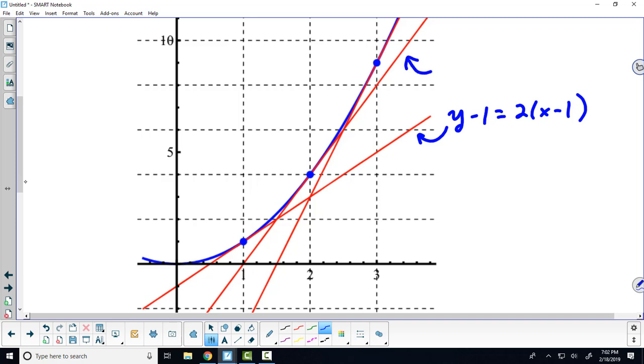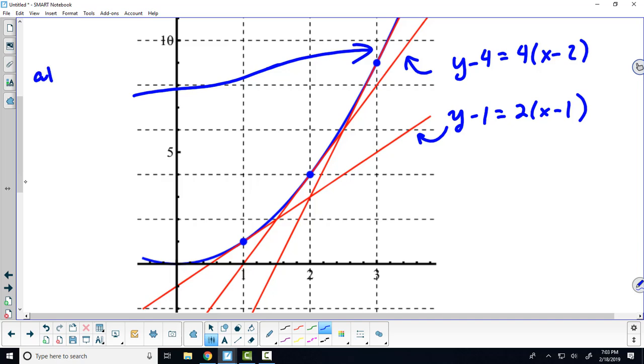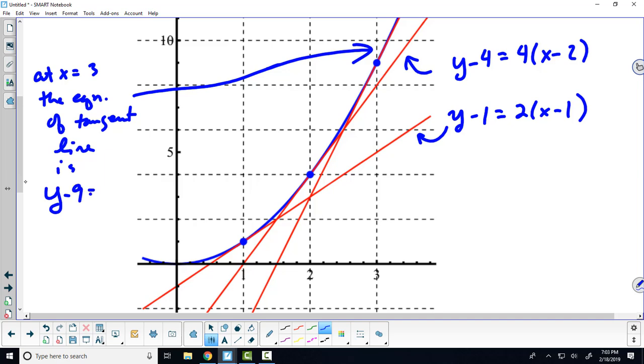This one would be the equation of the tangent line when x is 2, and this would be y minus 4 is equal to 4 times x minus 2. And this last one right here would be the equation of the tangent line at x equals 3, which would be y minus 9 is equal to 6 times x minus 3.